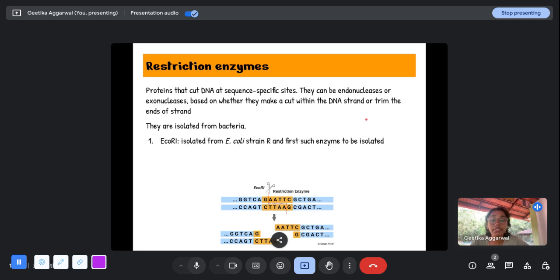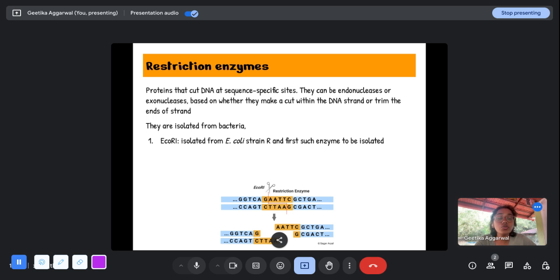They are basically isolated from bacteria. So they're taken out from bacteria, these restriction enzymes. You might have a question about why these restriction enzymes are present in bacteria. In bacteria, these restriction enzymes play an important role in protecting the bacterial cells against bacteriophages. Bacteriophages are actually viruses that attack these bacteria.